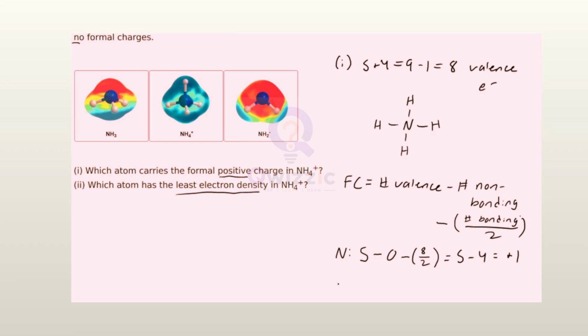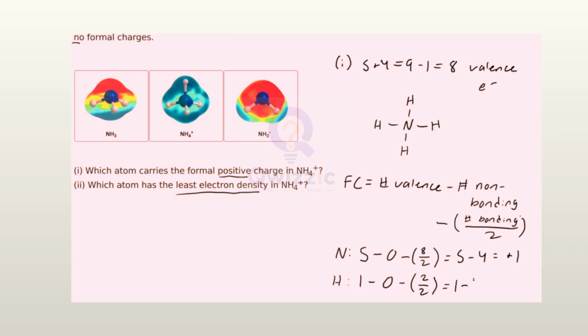Right, so for hydrogen, it has just 1 valence electron. We have 0 lone pairs, so that's 0 non-bonding electrons. And we have 2 bonding electrons because we have 1 sigma bond for each, divided by 2.